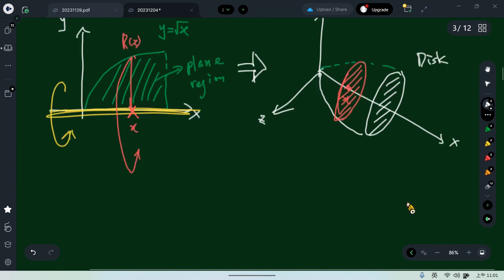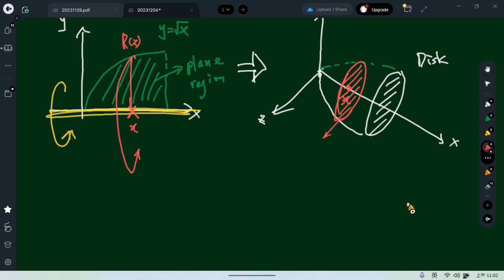So how can we get the size? If this is R of x, right?